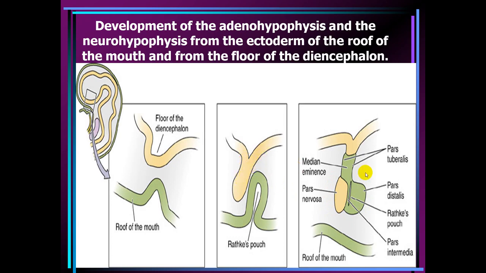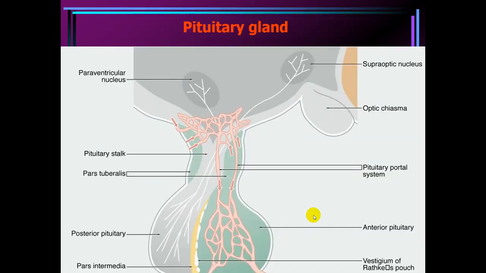Outgrowth of the diencephalon, yellow, forms the neurohypophysis. You can see it, or pars nervosa, and it lies opposite to the adenohypophysis. That's why together the hypophysis consists of green adenohypophysis and yellow neurohypophysis.